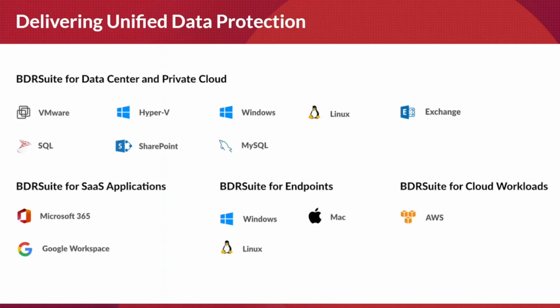So in case of disaster, if there is a complete crash down of your backup server machine, you still can continue your business from your offsite DR because you will have the similar restore options with the data that you have already replicated to the offsite location. So this is your complete setup of your BDRSuite with your offsite DR.